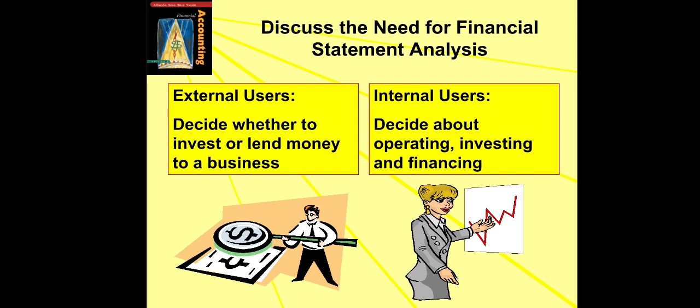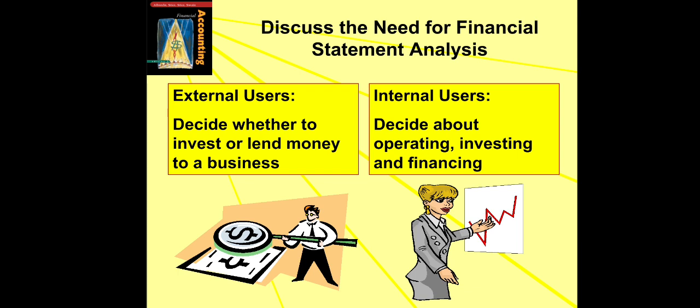They will decide whether to open a new branch or not, whether to continue operation or to close a segment. There are many decisions. Before they make the decision, they have to analyze the financial statement. Managers analyze financial statements because they want to make management decisions.